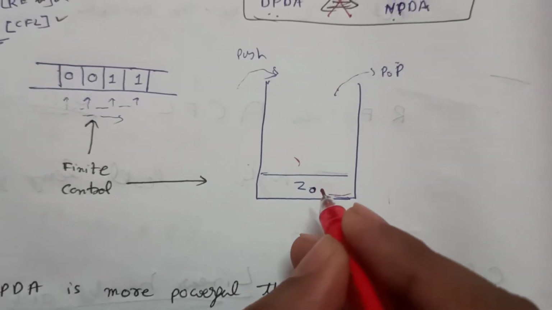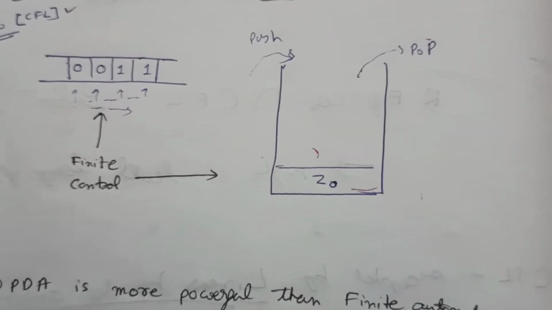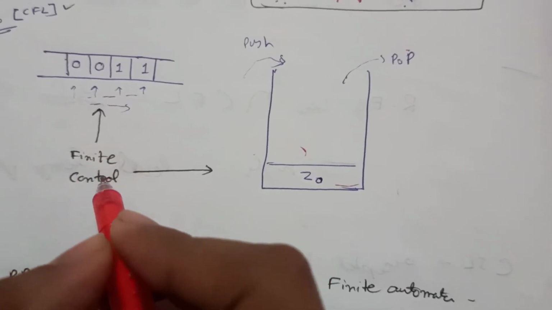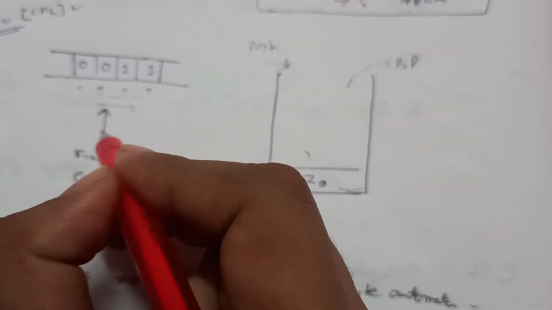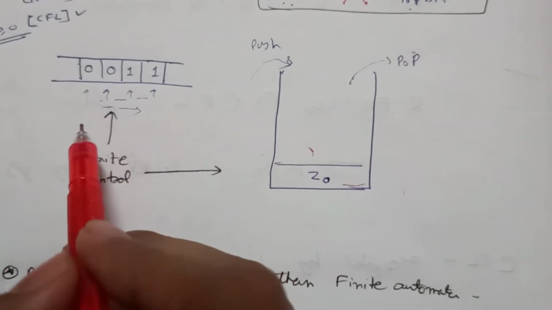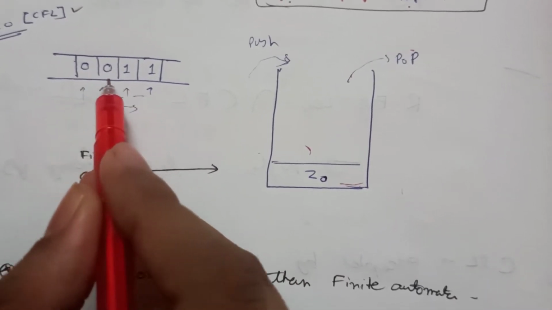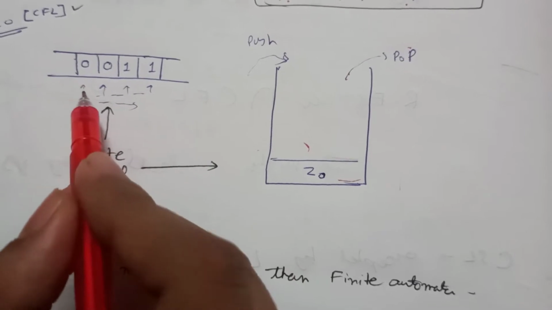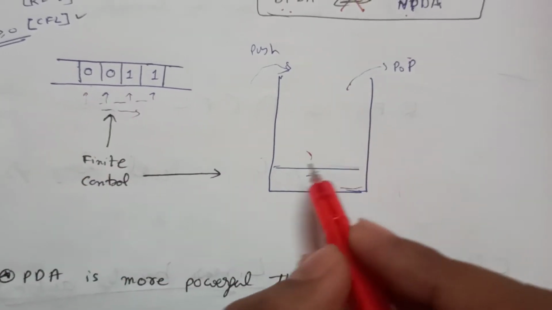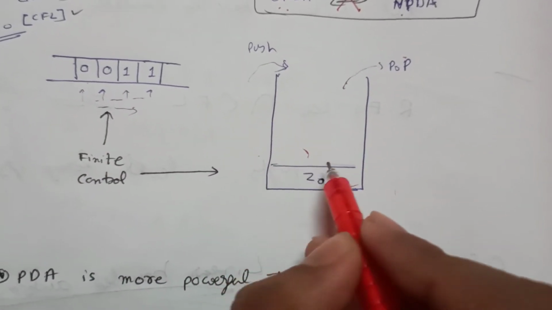And this Z0 is our stack symbol. This is our finite control. This thing is our read write head. This reads our input symbol from left to right in this manner, and this also reads the top of stack value.